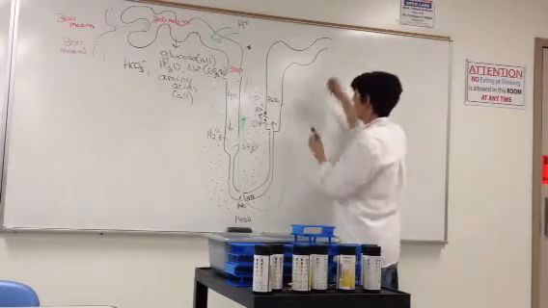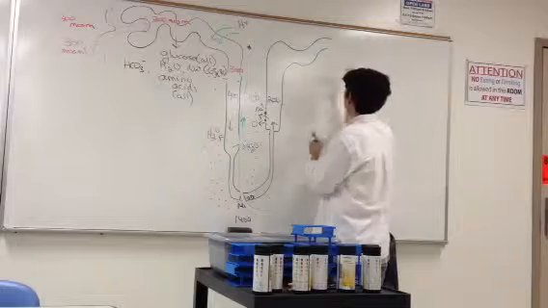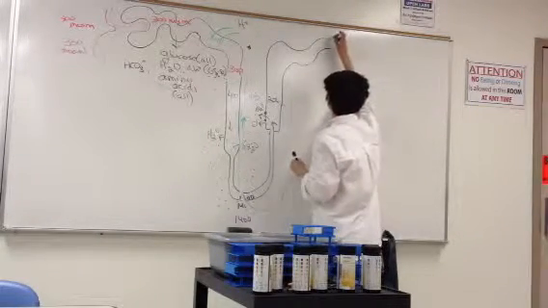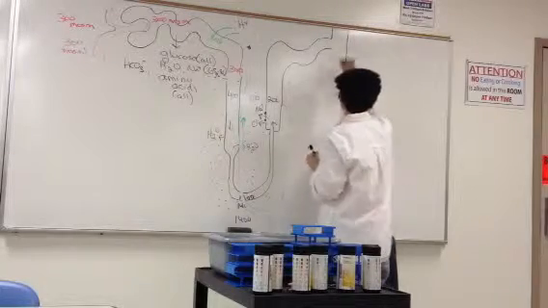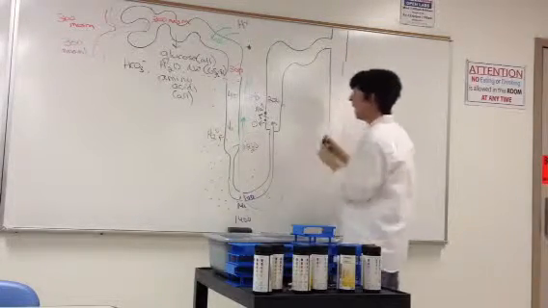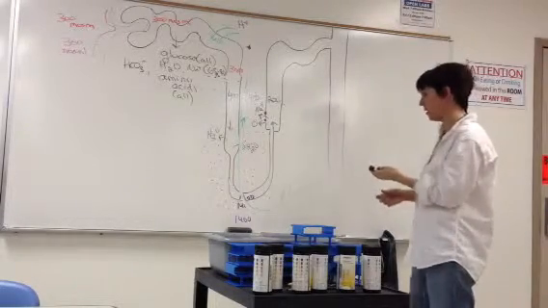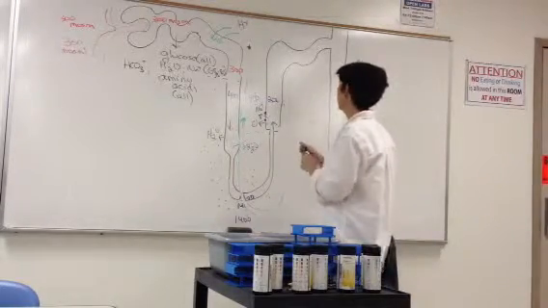And then it goes into the collecting duct. Now, this being a juxtamedullary nephron, that's why the nephron loop is actually working to separate components.